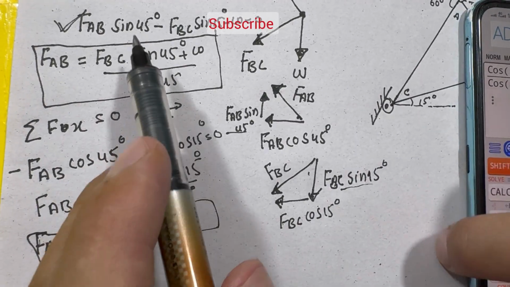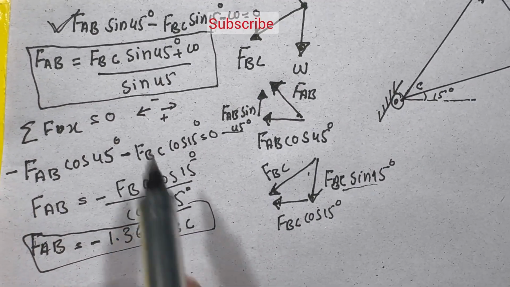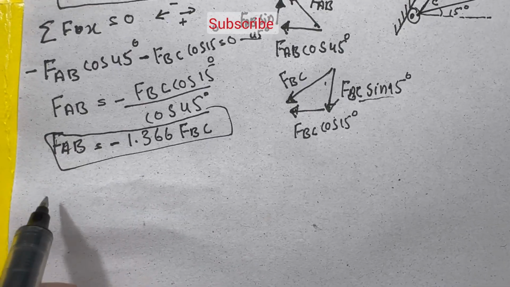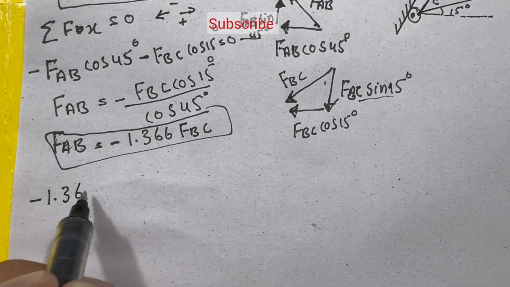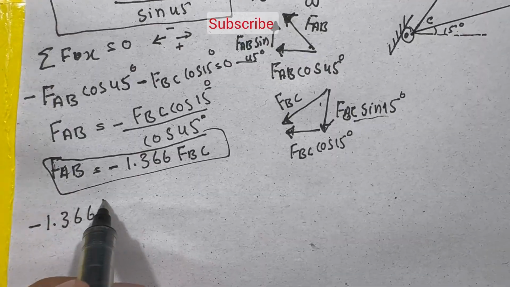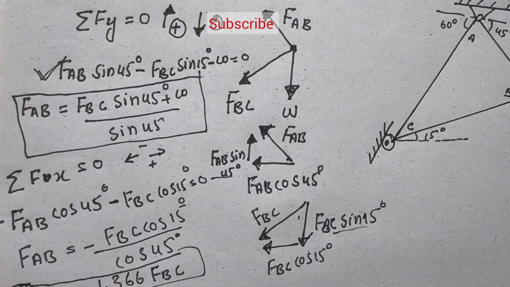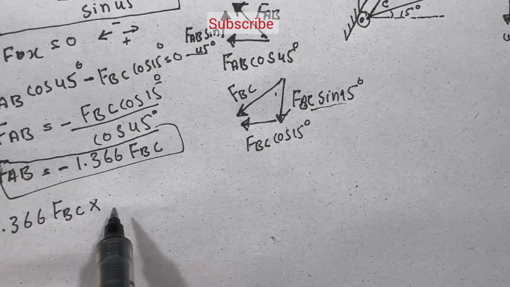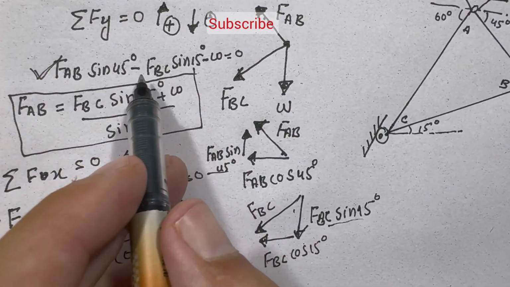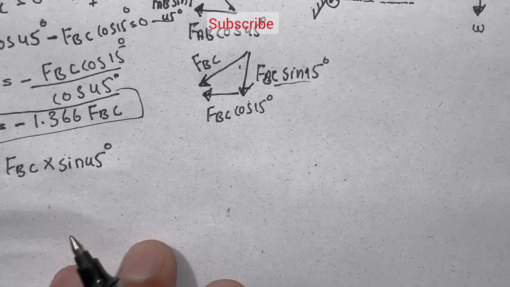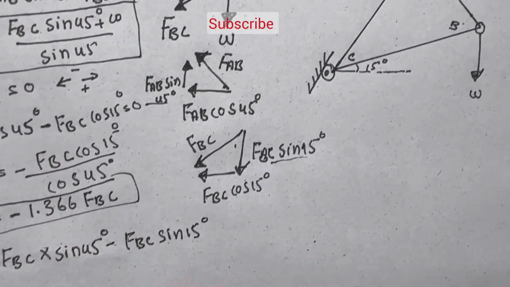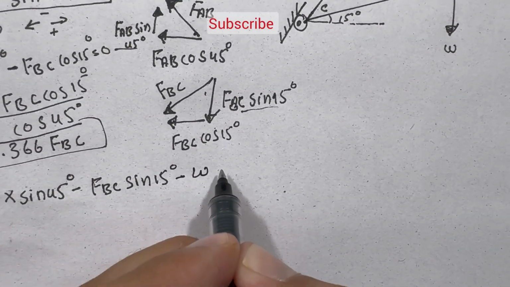At the place of FAB I will put 1.366 FBC multiplied by sin 45, and the other force is negative FBC sin 15 degrees, and negative W equal to 0.